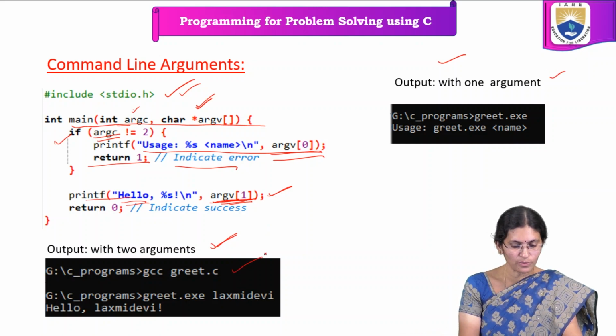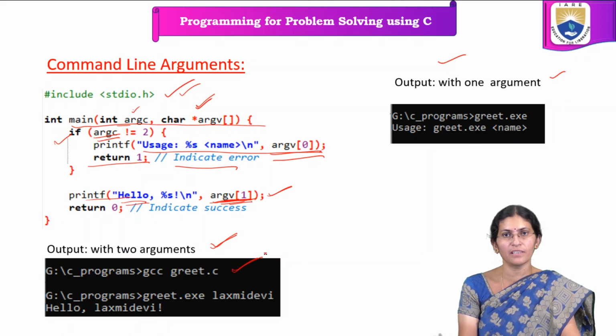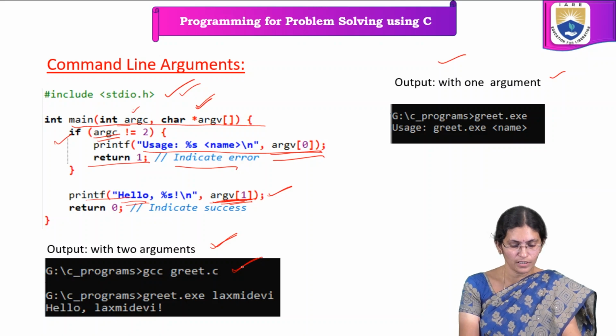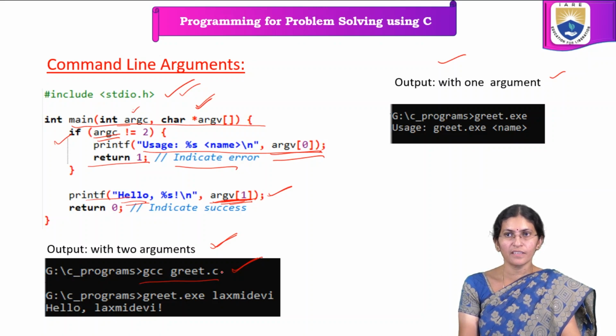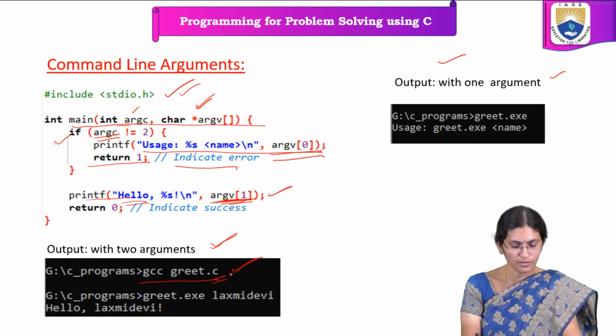First we need to compile the program from the command prompt, or you can compile it from the compile button also. So we compile the program with GCC, the name of the program, and then .c. After that we need to pass the arguments.